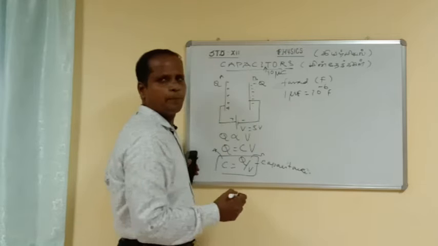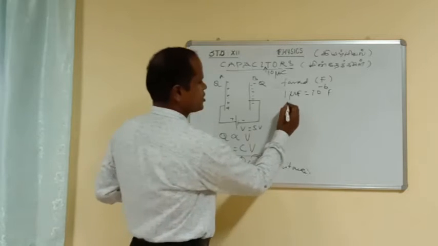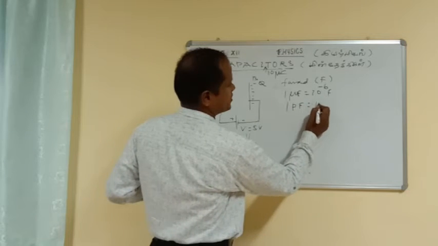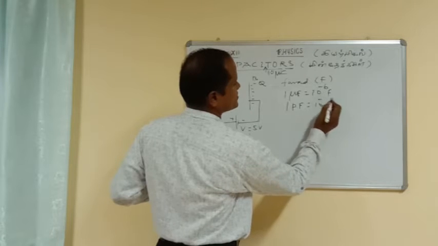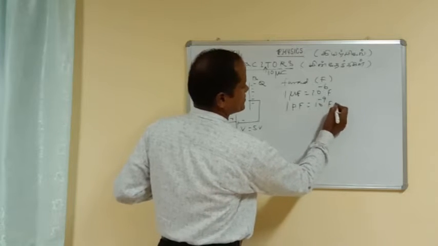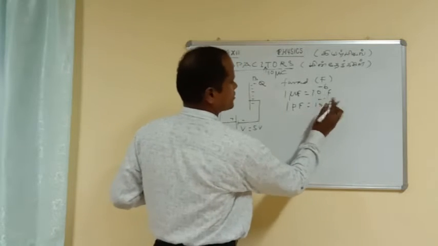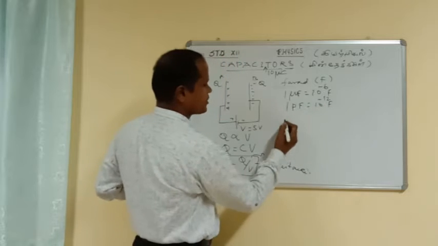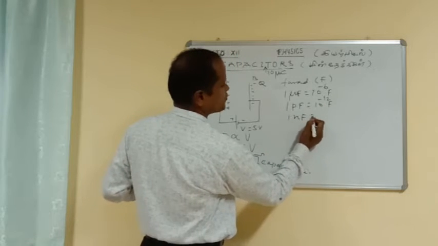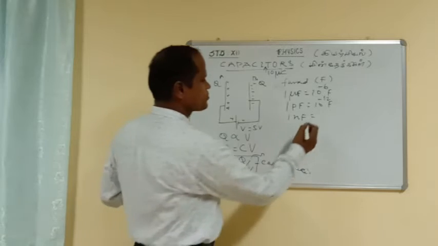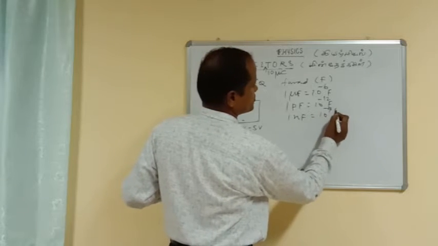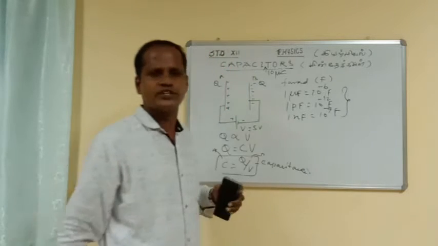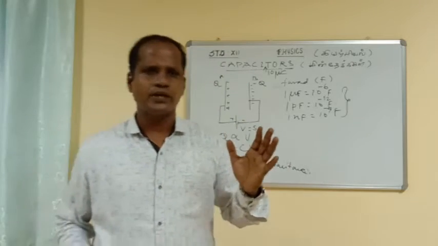Another one is picofarad. 1 picofarad is equal to 10 power minus 12 farad. Then nanofarad, which is equal to 10 power minus 9 farad. So these are the practical units used for measuring the capacitance of a capacitor.